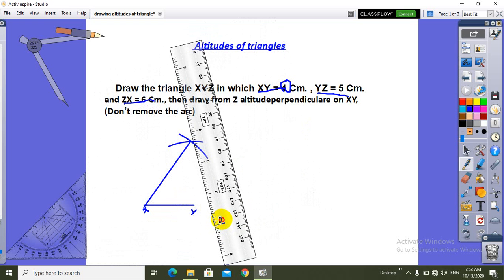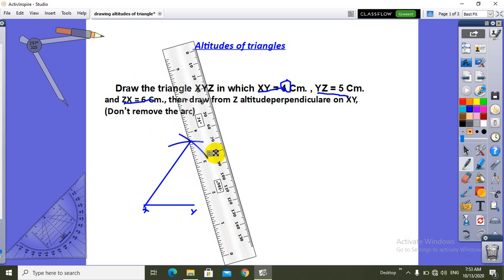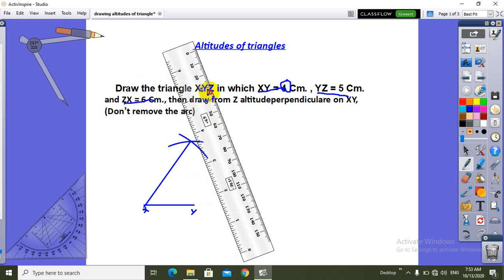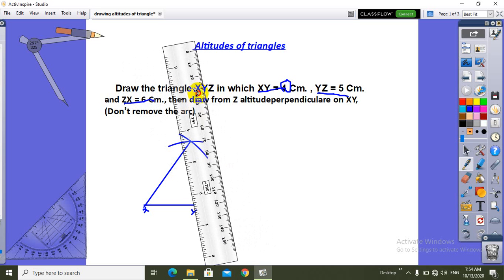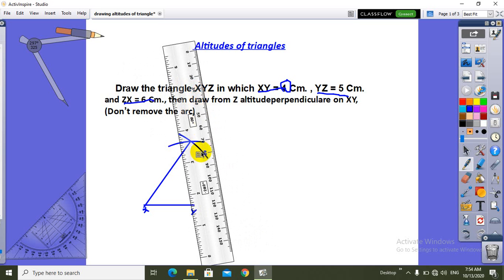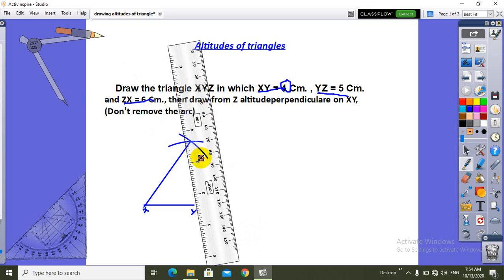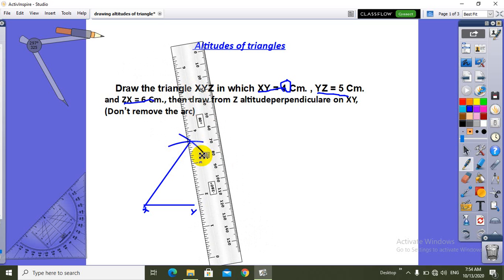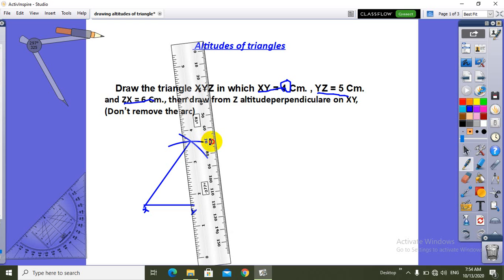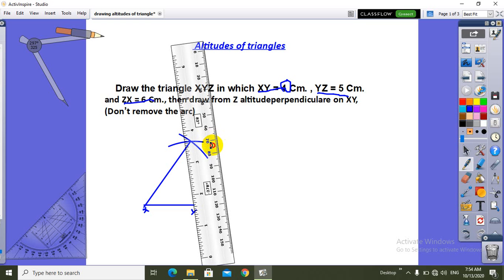You must try to make this point of intersection join with Y exactly. If not exactly, it's near but not right.